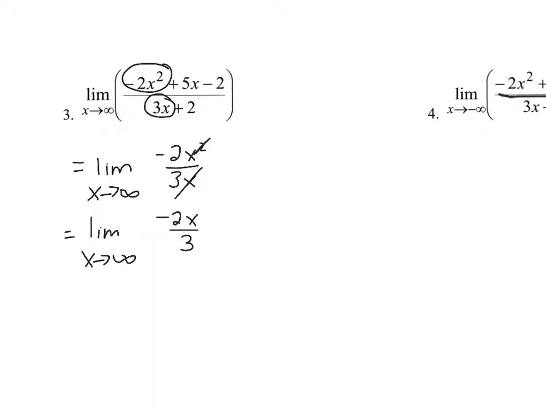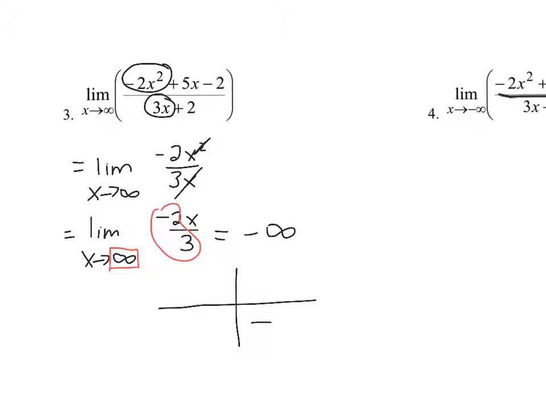So now basically what we're trying to do is take a negative number, because it says negative 2/3. So if I take negative 2/3 times the largest positive number, because it's infinity, what am I going to get? A negative number times the largest positive number ever in existence will actually equal negative infinity. And what this negative infinity really means is if I look at this graph at its end behavior, essentially it's going the wrong way.